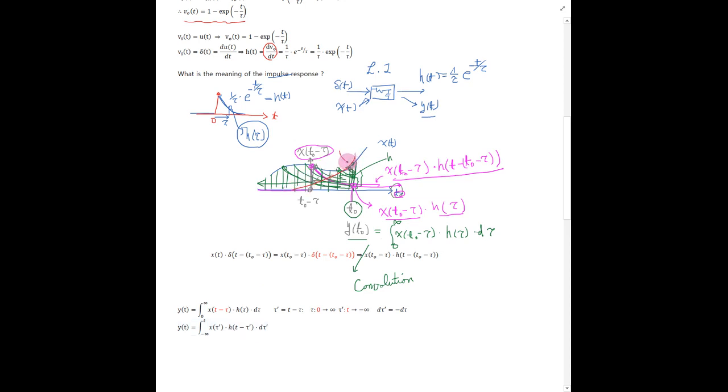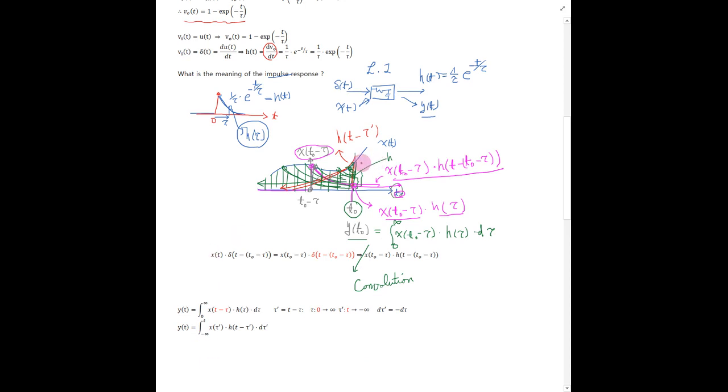This curve is h(t minus tau prime). As tau prime changes from t, at this moment it's t, to minus infinity.